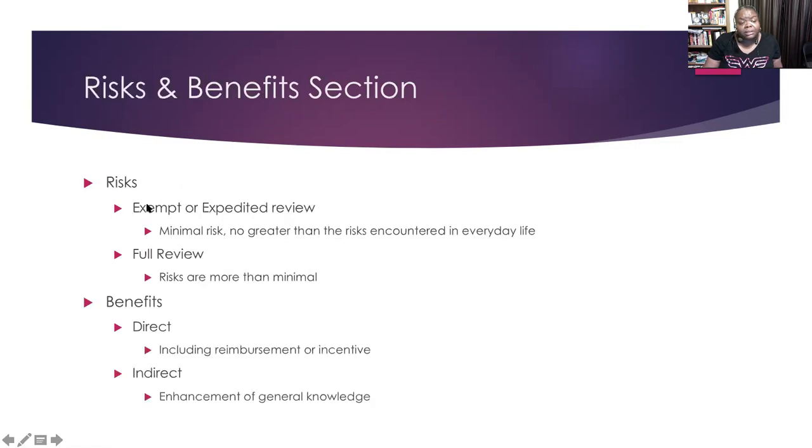If your research is exempt or expedited for review, it tends to fall into the minimal risk category, and there will be no greater risk than you would encounter in your everyday life. However, for the full review, your risks are more than minimum, and the board must go into more detail as far as the risks are concerned.